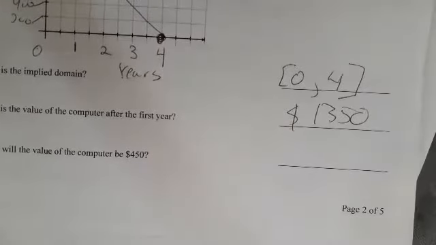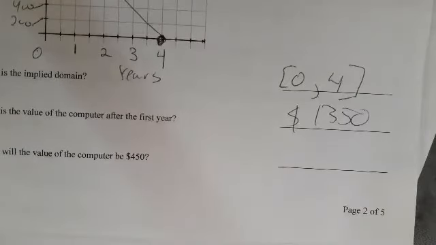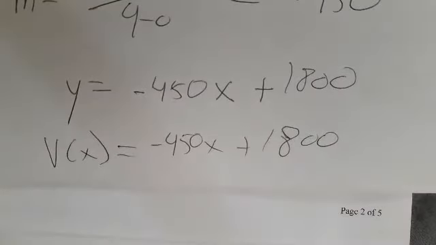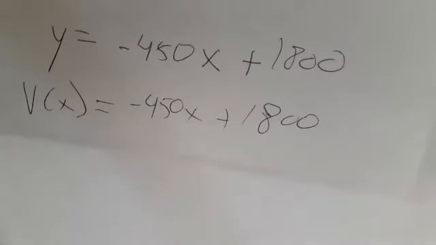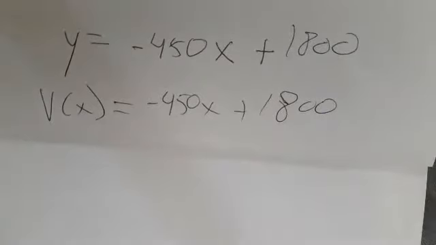When will the value of the computer be 450? There is probably a really cheap way to think about this one, but I'm going to say it right after I try to solve for this. So if my equation looks like this, there's my equation. What I want to know is when this thing will have a value of 450.